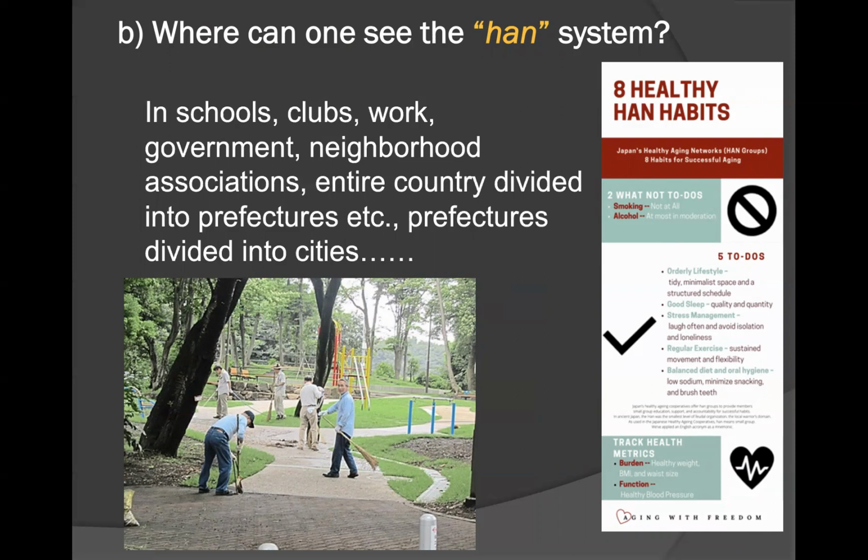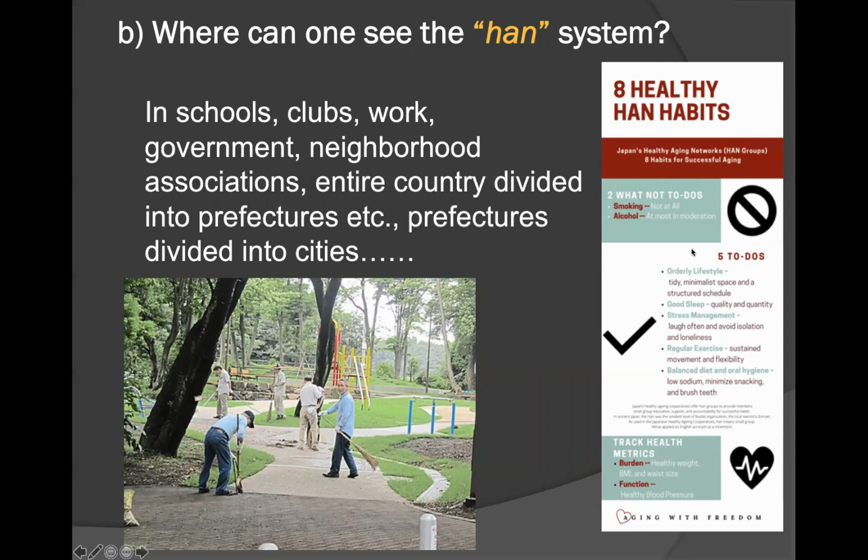Now the picture on the right is from Japan's Healthy Aging Networks, which has the acronym Han. The poster basically tells you how to stay healthy, for example, what to do and what not to do. So no smoking and limit alcohol consumption, as well as, for example, exercise, diet, sleep, and lowering your stress.